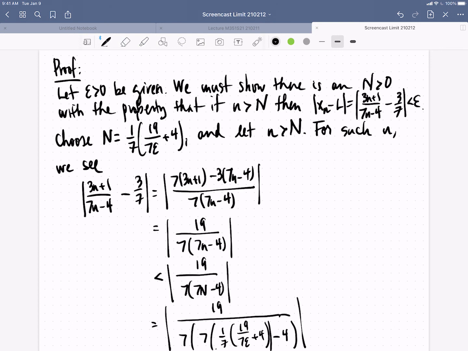All right, I got the parentheses correct, because this right here is that N, so 7N - 4. Okay, I'm good.